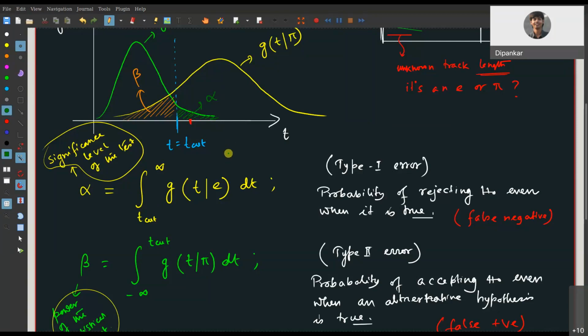So often you have to make a compromise and settle on an optimal value of t cut.